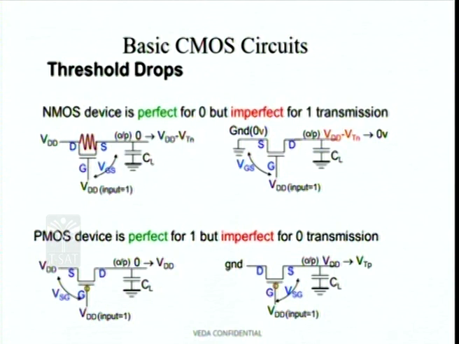A perfect logic 1 is VDD, a perfect logic 0 is ground. Hence, the NMOS device does not transmit a 1 perfectly. I hope this is understood, because this is because of the presence of a threshold voltage required to form the channel.